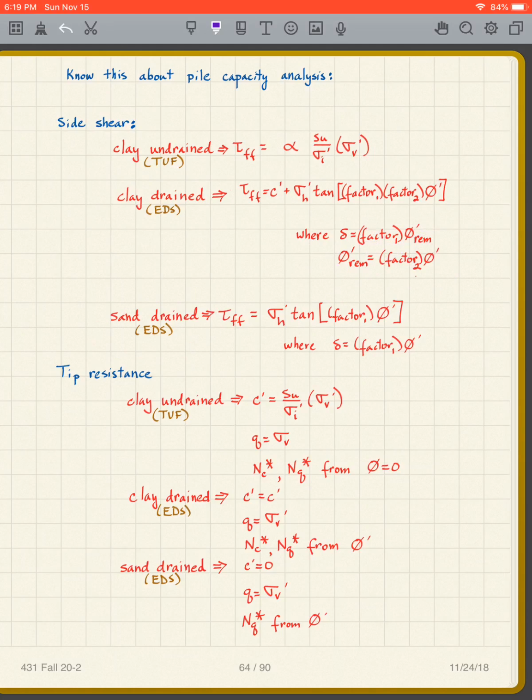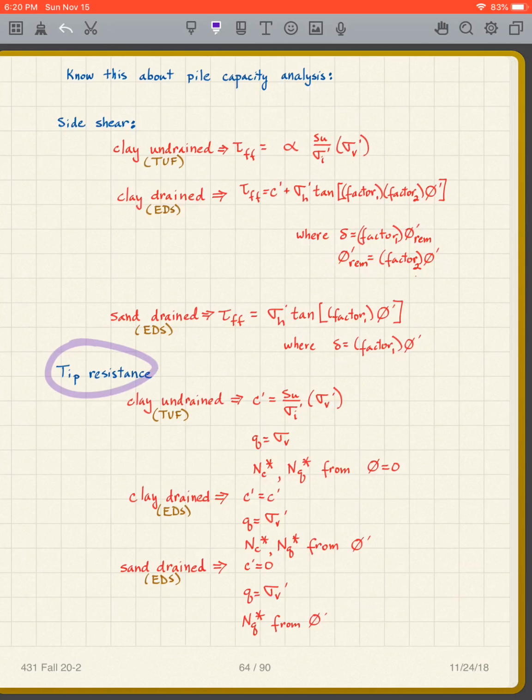And this remolded friction angle has to do with the change of the friction angle due to consolidation, due to disturbing it and then reconsolidating it. So it's a combination of both of those. So we just take a delta factor here for the sand drained, and we take the tangent of the factor times phi prime.